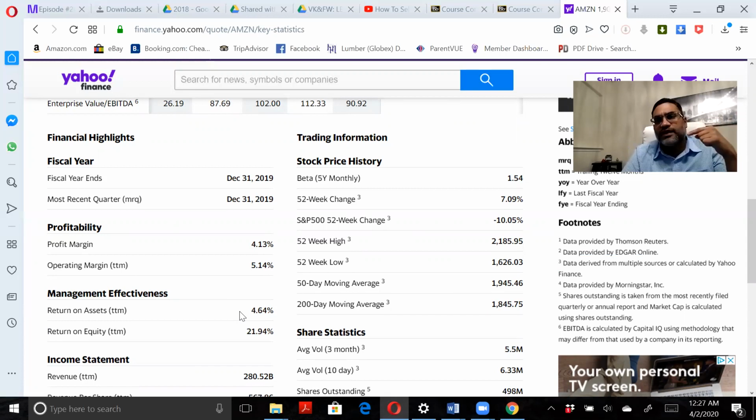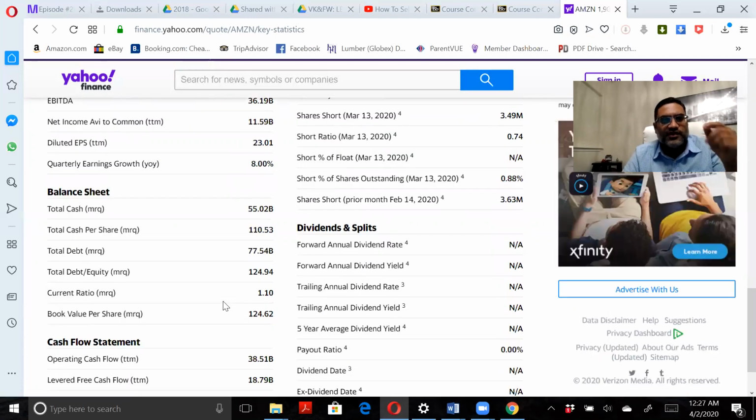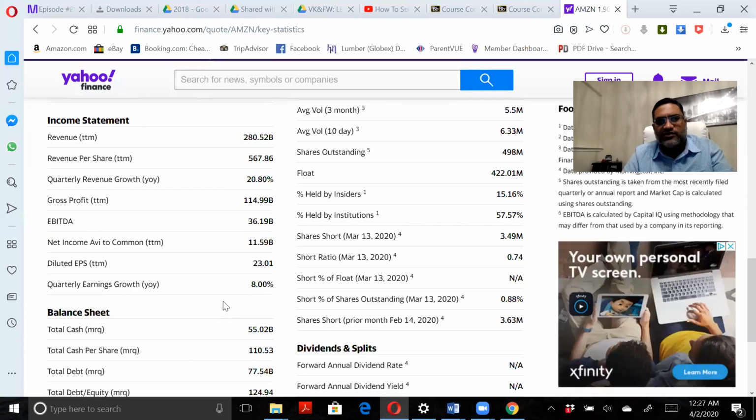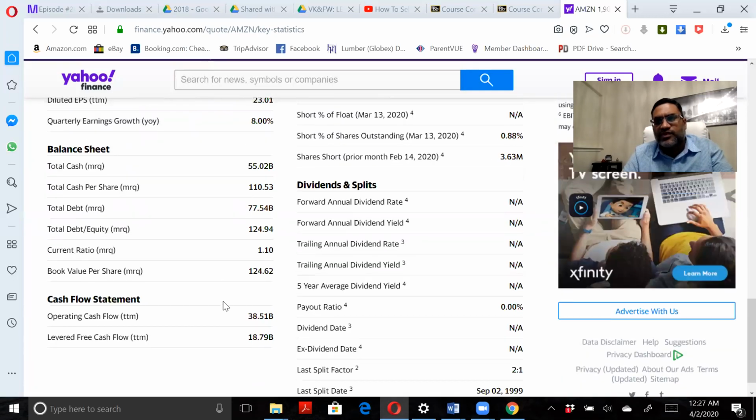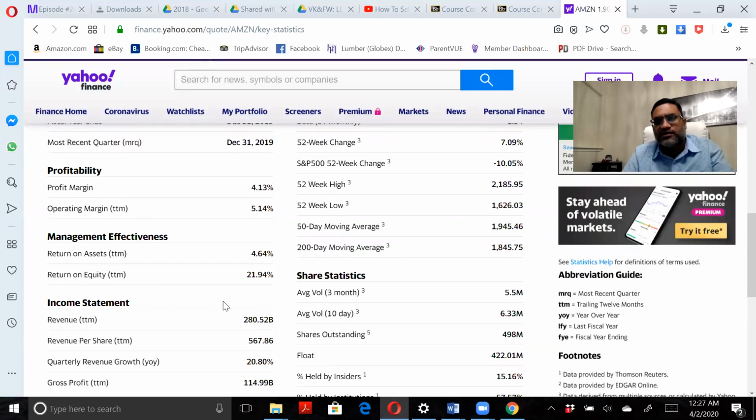So when you're comparing your company, which in this case is Amazon, make sure you are comparing other companies, let's say Walmart and Target, using some of the key metrics over here, okay? You get lots of different metrics over here. You could use a few of those to compare. 3 to 5 is good enough to compare your company, in this case Amazon, with, let's say, Target and Walmart, if that's what you want to compare with, okay?